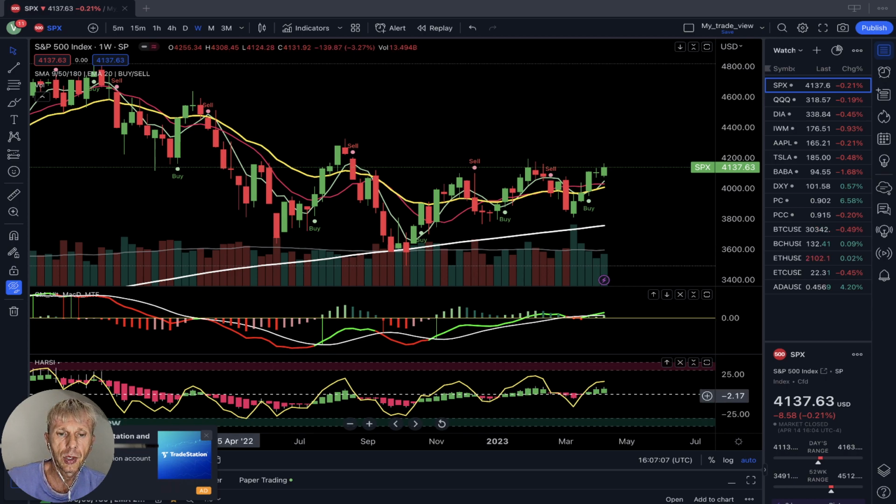Also Heikin-Ashi bars, red is bearish, green is bullish, and the RSI indicator with the yellow line. That's all. Let's start.